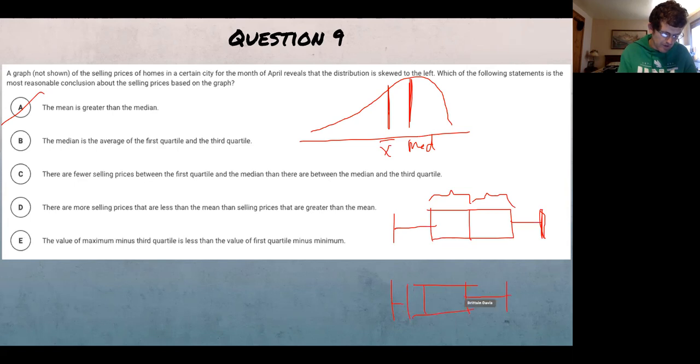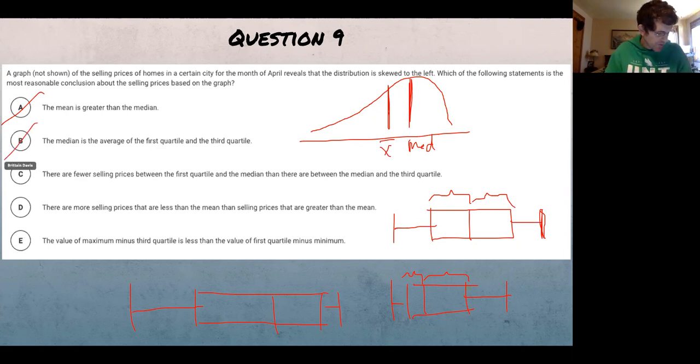And this distance right here is way less than this distance right here. So it's not the average of your two quartiles. So I think in this case, we're going to end up with a skewed distribution that looks something like this. All right, I'm making this up slightly, but I'm making everything up. So it's not going to be the average of those two because it is skewed. If it was symmetric, that might be more believable, but it's skewed.